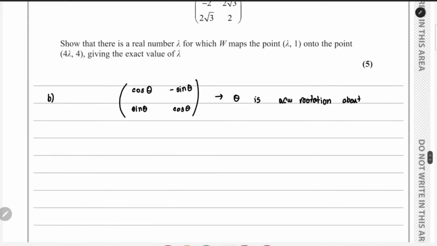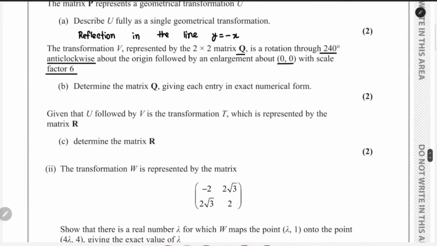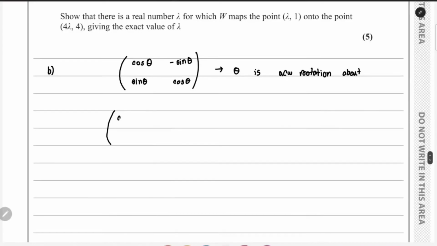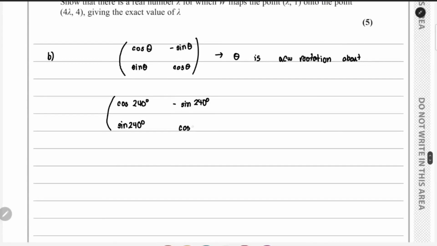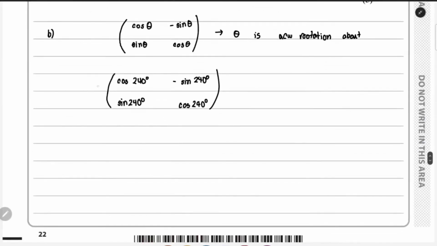For this case we have 240 degrees of rotation anti-clockwise, so cos 240 degrees, minus sin 240 degrees, sin 240 degrees, cos 240 degrees. And since we have an enlargement with scale factor 6, we can multiply a 6 over here, or we can take it as this matrix over here.